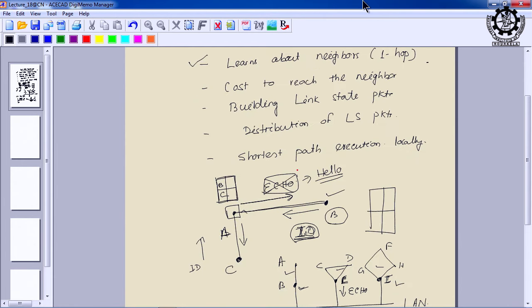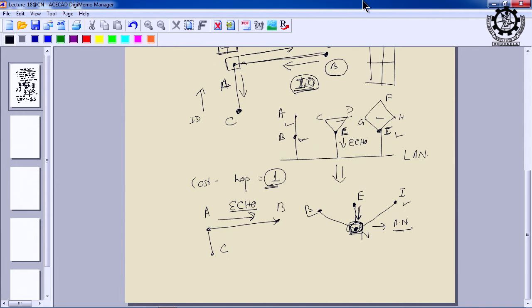Replace this echo with the hello packet, and in the second step, when it tries to calculate the cost to the neighbor, it sends a special packet called the echo packet. And this echo packet is transmitted in the same direction from which it got a response in the previous step. So 2 echo packets will be sent in this direction and along with this direction.